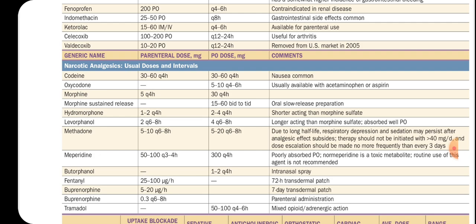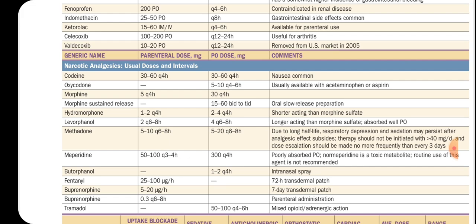PO dose nothing. Comments: 72-hour transdermal patch. And buprenorphine, parenteral dose 5 to 20 micrograms per hour. No PO dose. Comments: it is a 7-day transdermal patch.